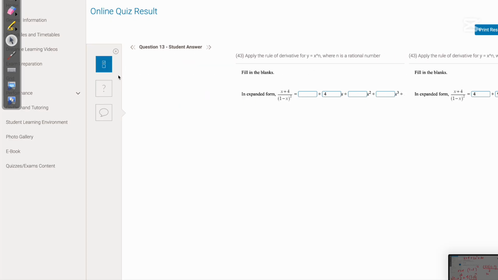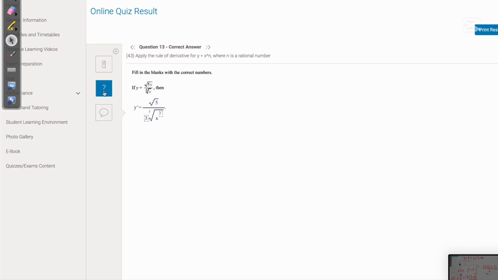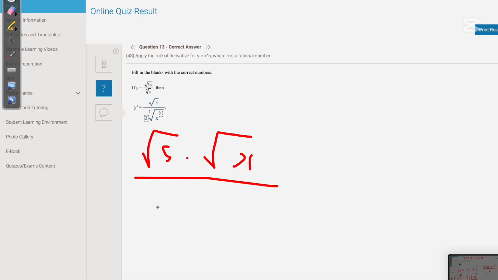Number 13. If y is equal to radical 5x over the 6th root of x, first we split it: radical 5 times radical x, all over the 6th root of x.